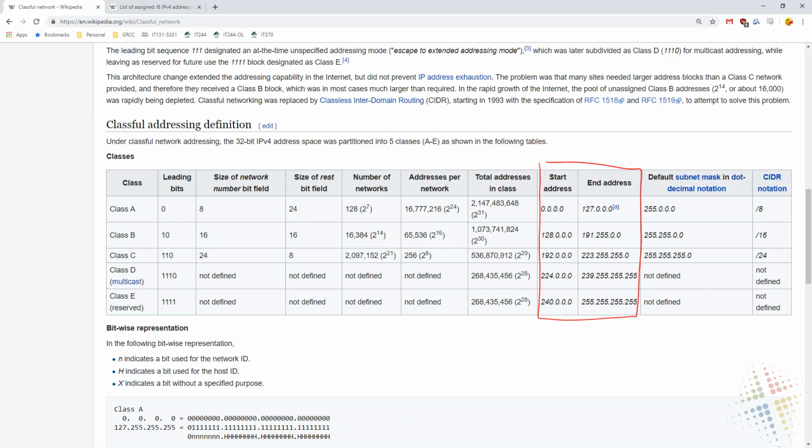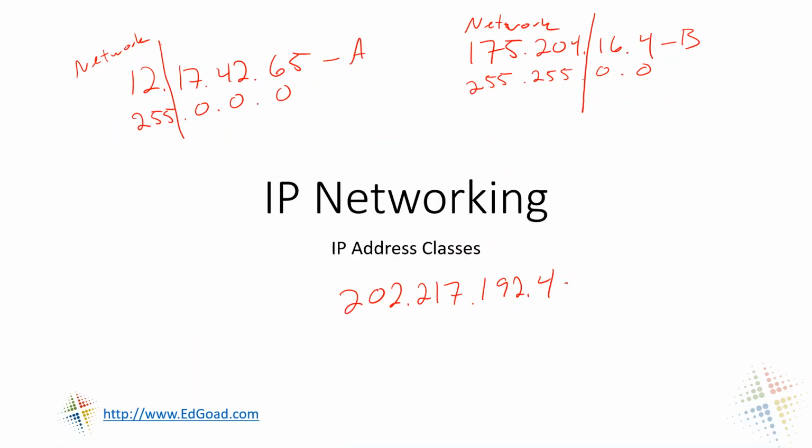It's not quite a Class D. That's good. It's not a Class B, so it's got to be a Class C address. So a Class C address, and my subnet mask is 255.255.255.0.